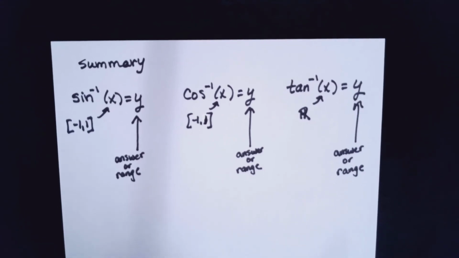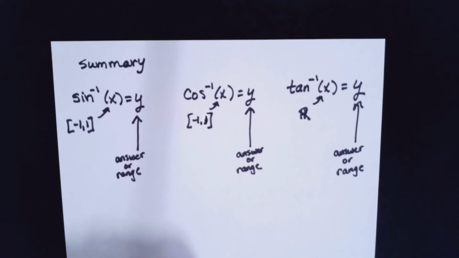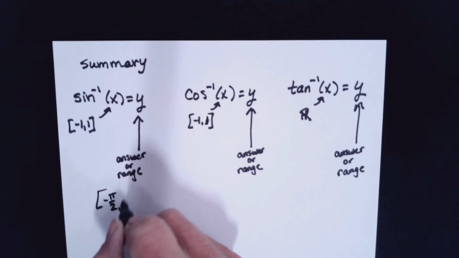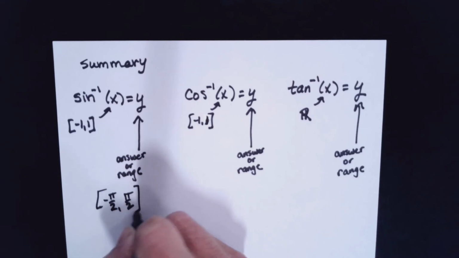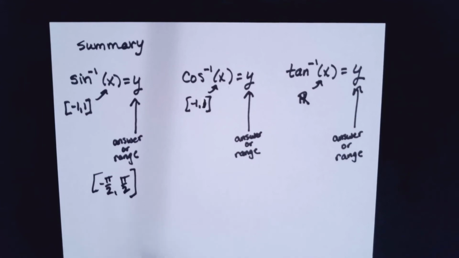For inverse sine, the domain is the same as the range of the original, so that's from -1 to 1. And then remember, for the inverse sine or arcsine, the answers have to be from negative pi over 2 to pi over 2. And you have to know that.